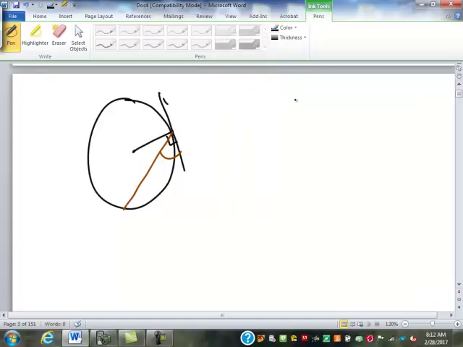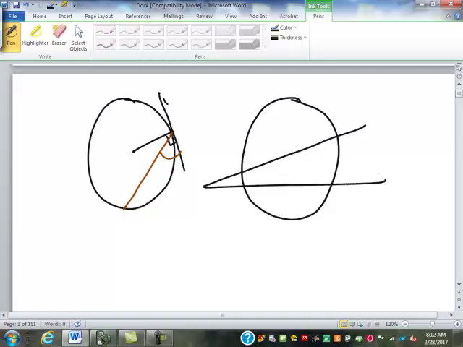The tangent angle usually is talking about the angle between a tangent and a radius, but this is a tangent and a chord that form this angle.